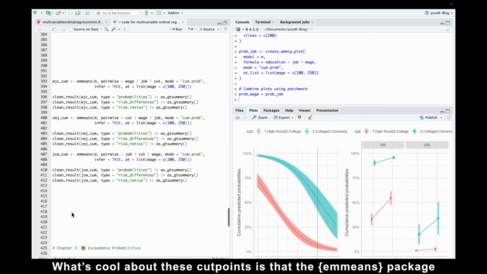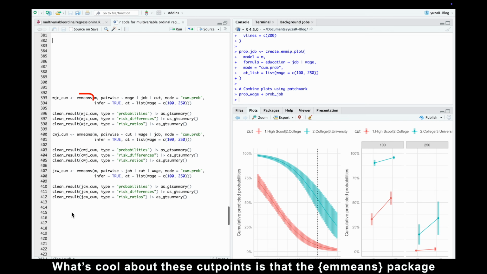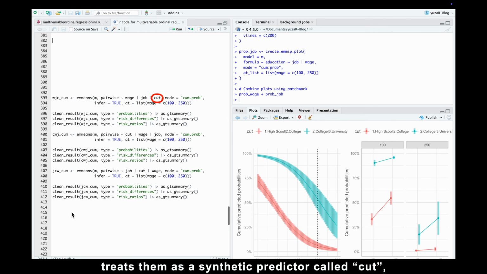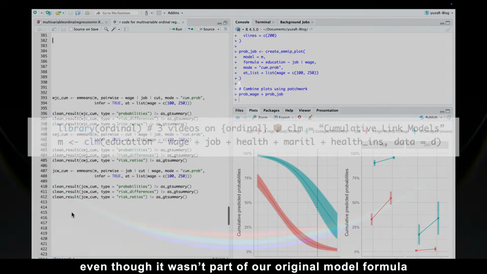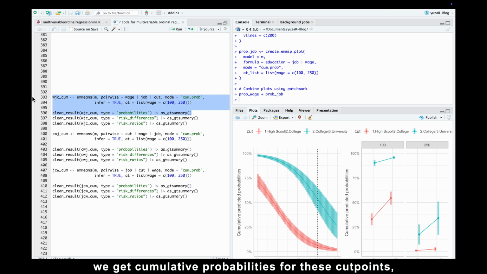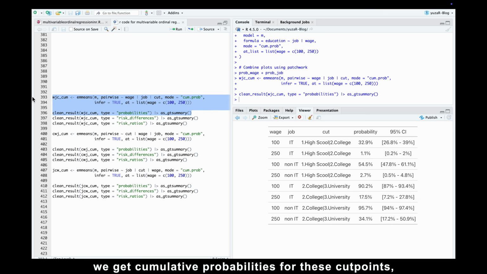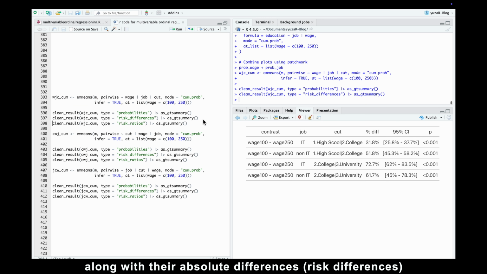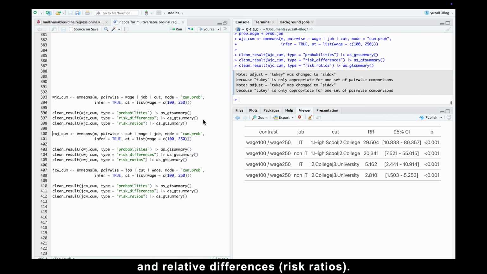What's cool about these cut points is that the means package treats them as a synthetic predictor called cut, even though it wasn't part of our original model formula. By setting the mode to cumProb, we get cumulative probabilities for these cut points, along with their absolute risk differences, which are risk differences, and relative differences, which are risk ratios.